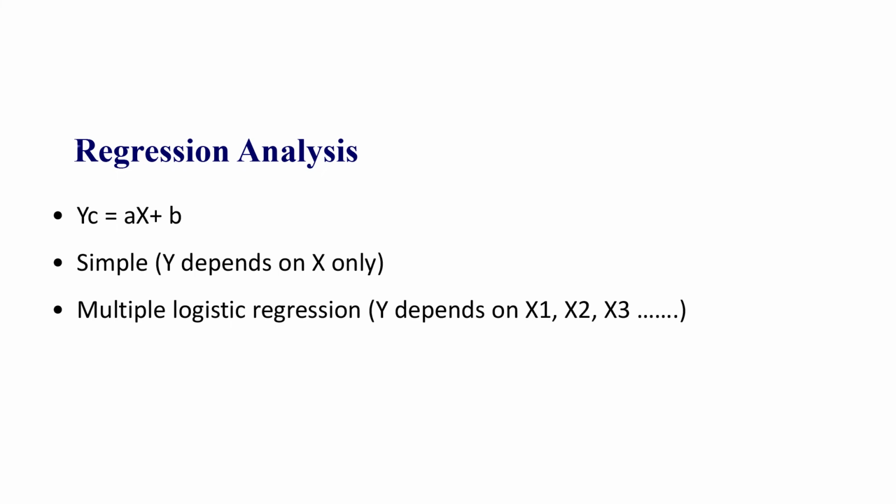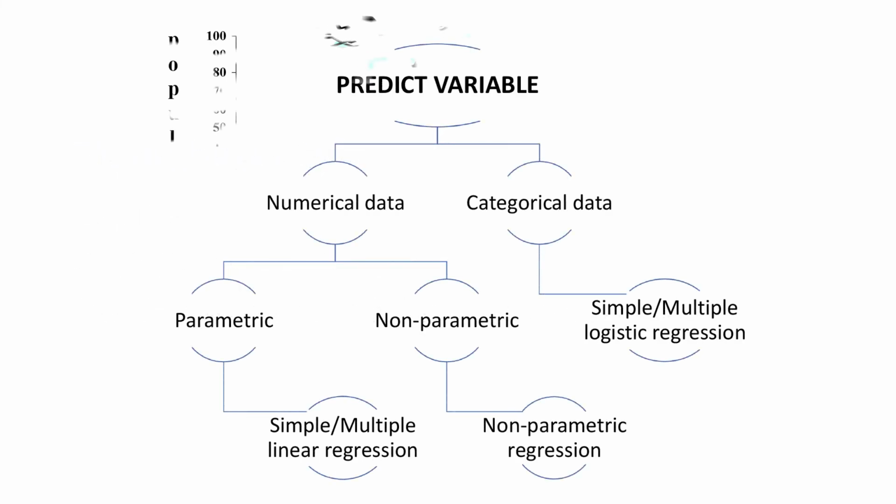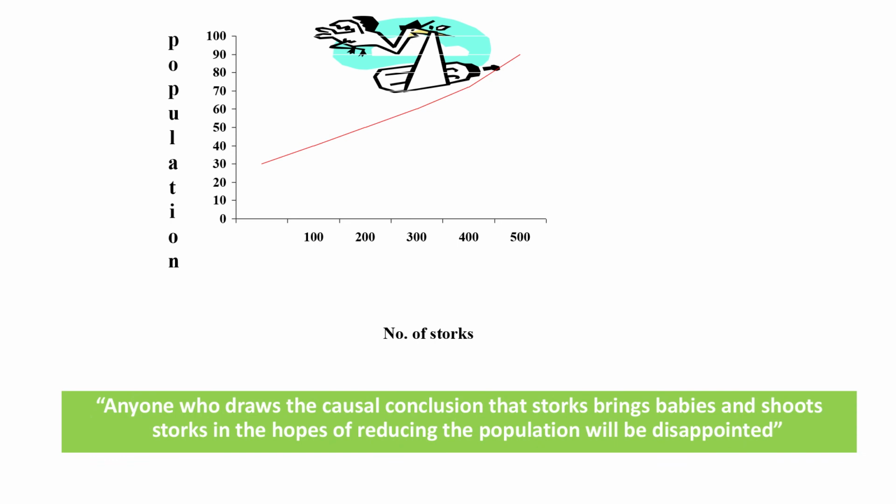Like correlation, for prediction of a variable also, depending upon data, which test you apply differs. And there is a simple joke that in the US it is said that when you see more storks, there is a chance that babies will come. Anyone who draws the causal conclusion that storks bring babies and shoots storks in the hope of reducing the population will be wrong.